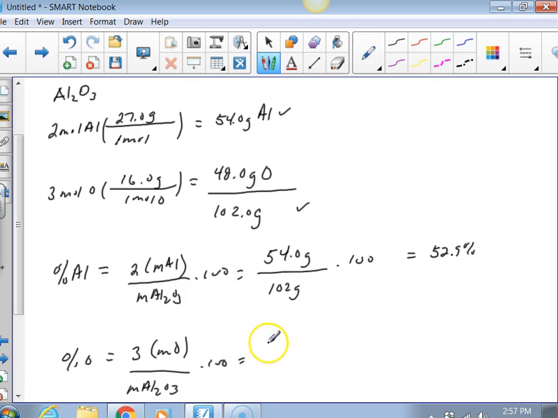For this one, we have 3 times the molar mass of oxygen, which is 16, which is this mass, 48 grams, divided by this mass, times 100, so 48 divided by 102, that's 47.1% oxygen, 52.9% aluminum. The two of them add to 100%.